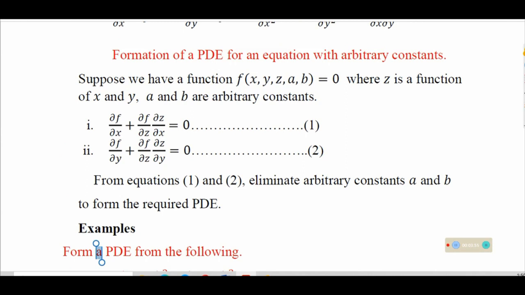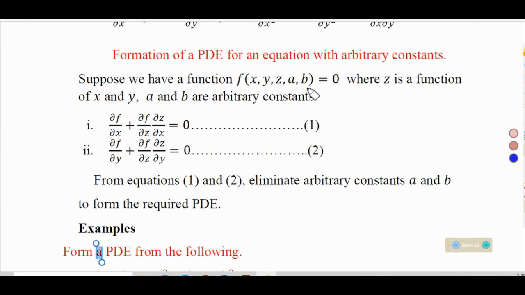Looking at how we shall be forming a partial differential equation, we shall first of all look at, suppose you are given a function that is containing x, y, z, then two arbitrary constants, that is a and b, and that given equation is equal to 0.